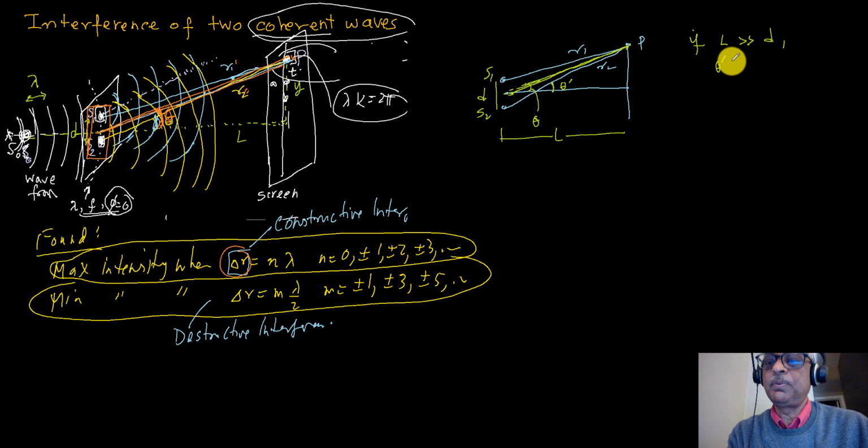Theta prime is almost equal to theta. You can do it as an approximation, and you can actually nail down when this will fail using trig, but I'm not going to do it because of the time. So this theta prime has to be equal to this angle over here.